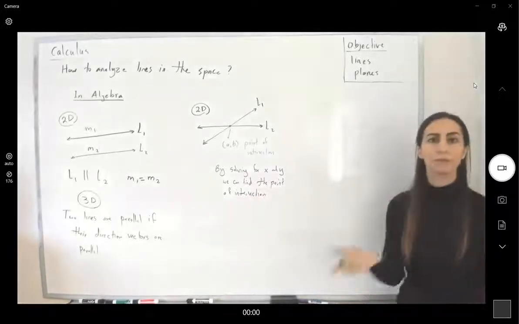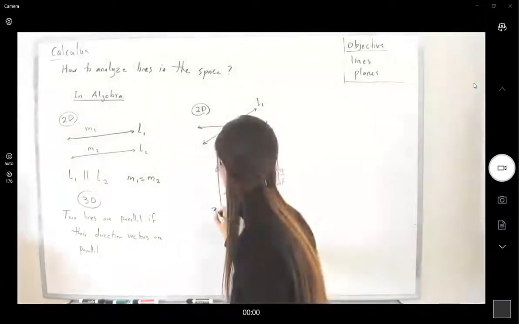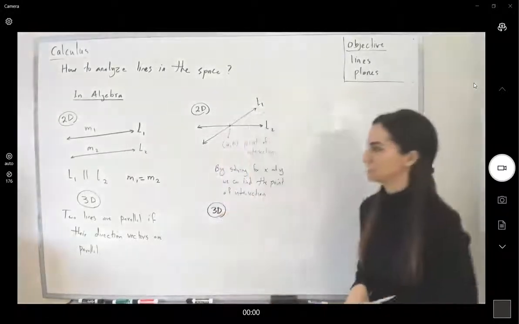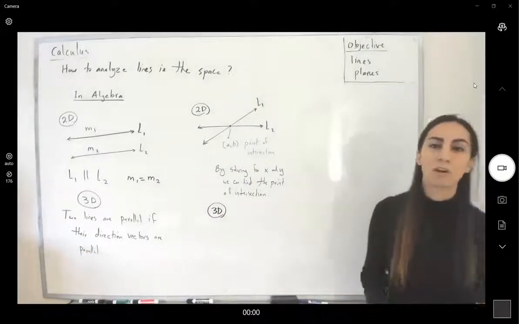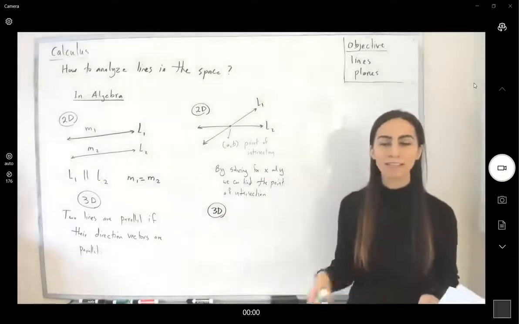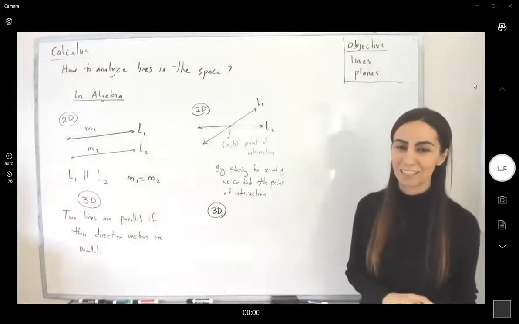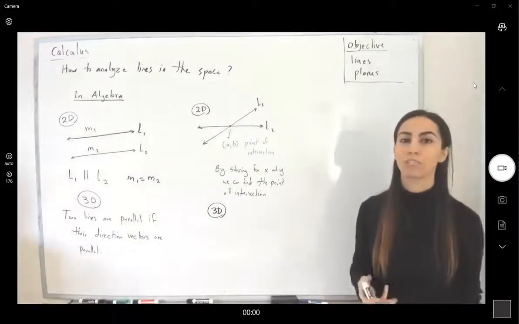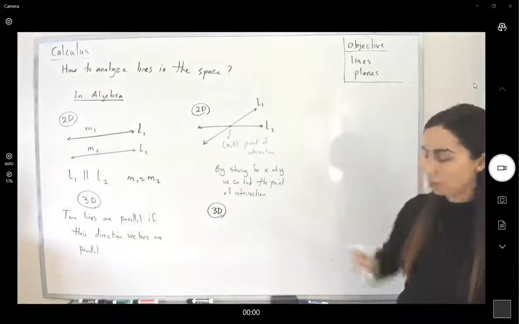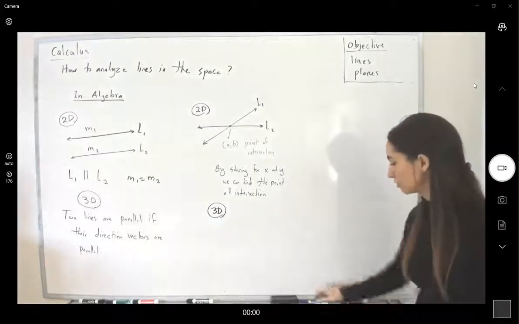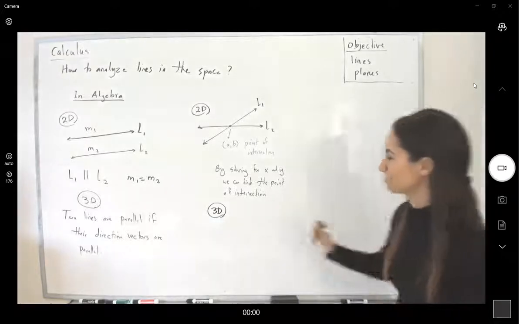How about 3D? 3D follows the same pattern. We say that two lines are intersecting. It means that if we solve the equations for x, y, and z, remember that in 3D, we are working with three coordinates, x, y, and z, we can find the point of intersection between two lines.